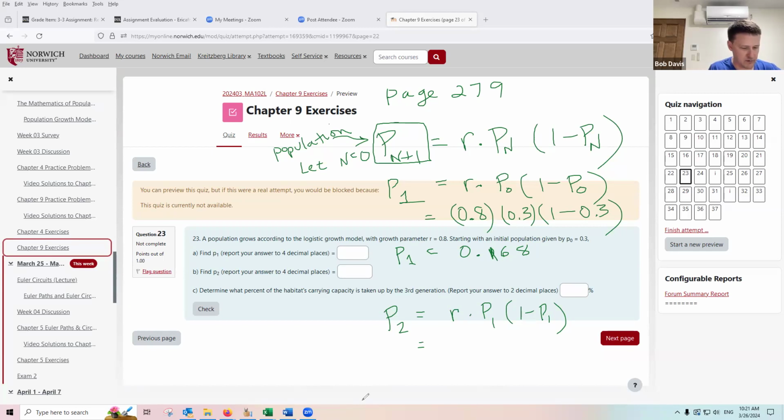So 0.8 times 0.168 is 0.1344. And then inside parentheses, 1 minus 0.168 is 0.832, times 0.1344. So P sub 2 is going to be 0.1118.